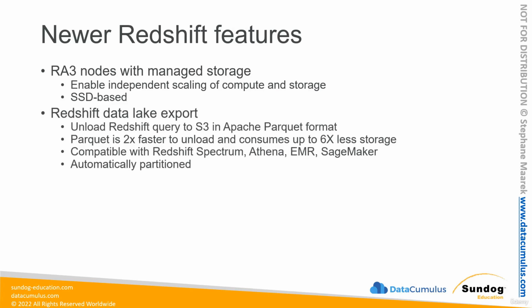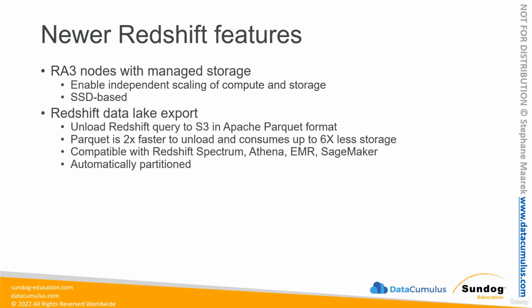Another thing that came out in 2020 was Redshift Data Lake Export. And the idea there is that you can dump a Redshift query right into S3 in Apache Parquet format. So if you have a big query on a big data warehouse in Redshift, you can dump that out to a data lake just sitting in S3 pretty easily using Data Lake Export.